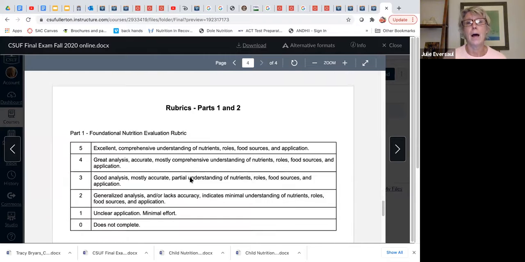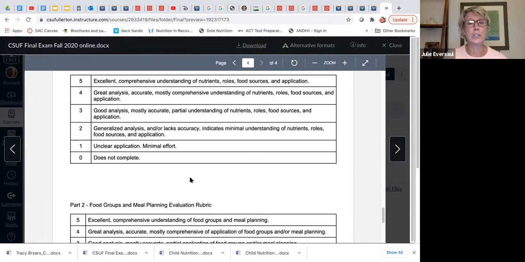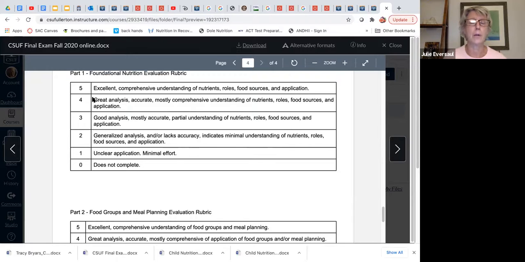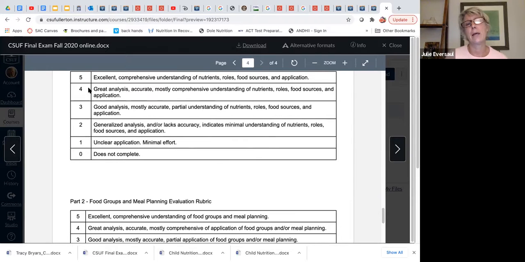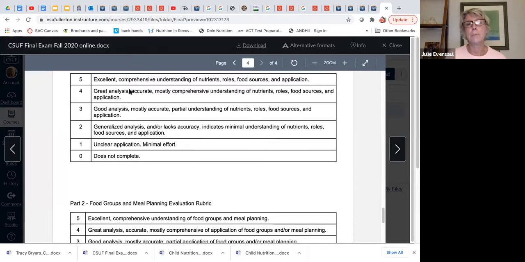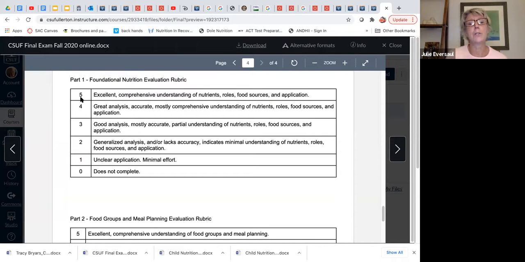All right. I have rubrics for you. They're generalized rubrics. The difference between an A+, 100%, versus a 4 to me is actually 90%. A 3 is 80%. A 2 is 70%, and a 1 is 60%. Folks, sometimes when I generically grade 5, 4, 3, 2, 1, and 0.